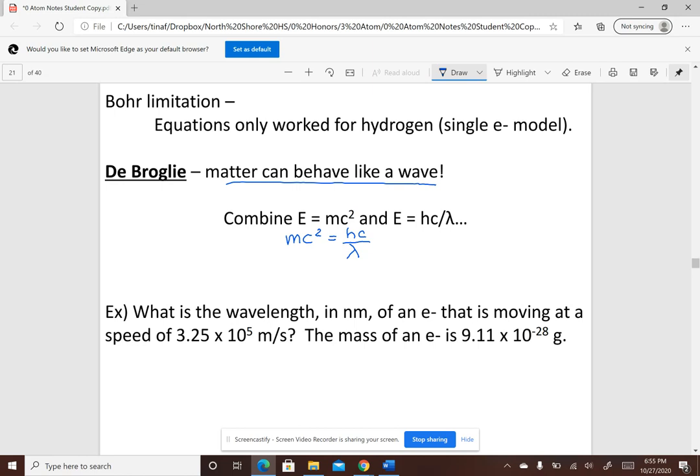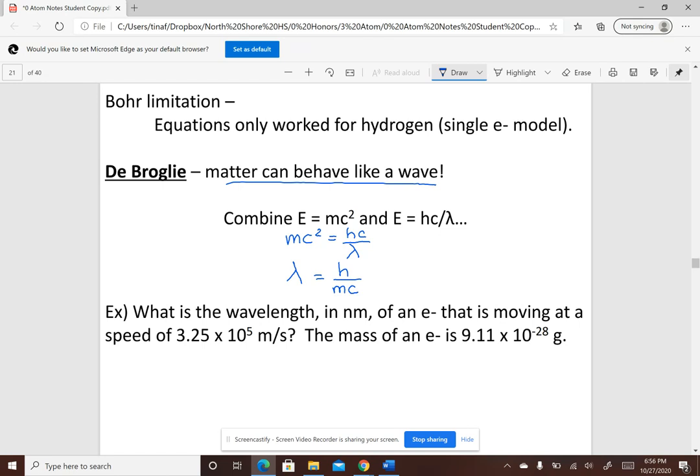And most of the time with this equation, you can really manipulate it to solve for anything, but most of the time the question wants us to solve for wavelength. So if I just rearrange this formula, I get wavelength equals h over mc. Okay, and now we're solving for the wavelength of a particle, which originally we didn't think particles had wavelengths because they were particles and not waves.